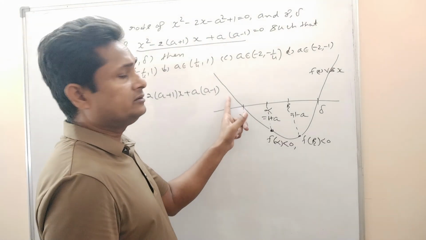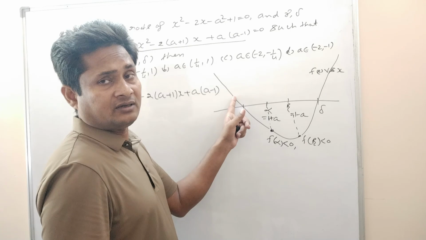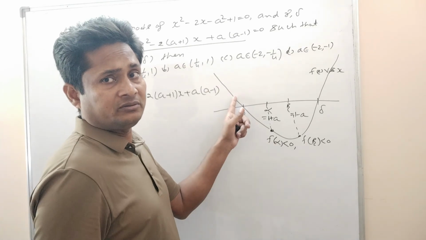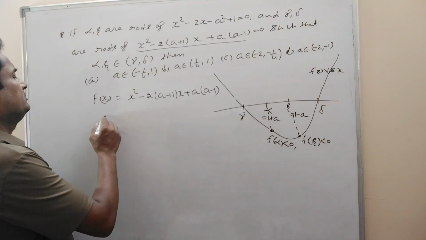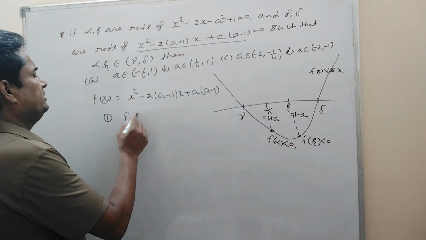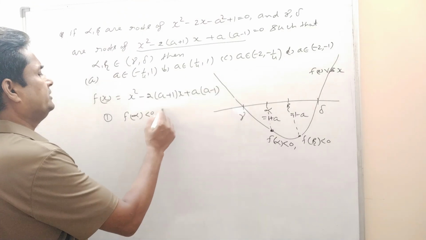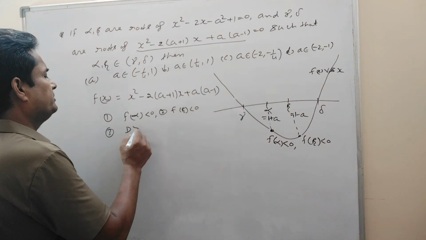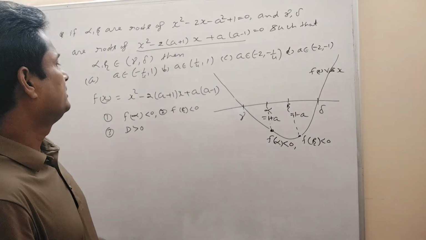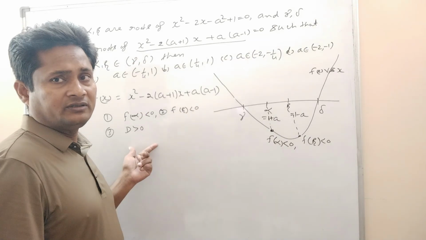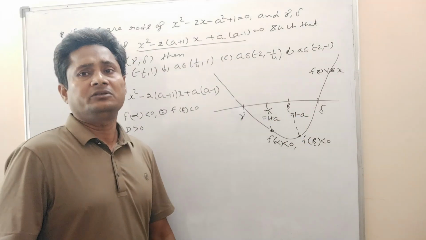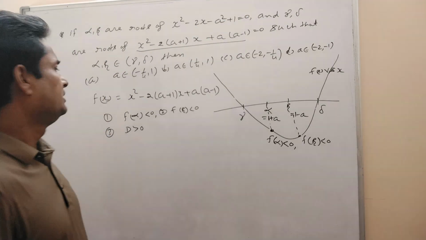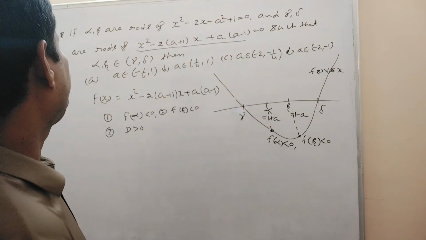Discriminant of this equation is positive, as it is having distinct roots. So we have conditions. First, f(alpha) will be negative. Second, f(beta) will be negative, and third, discriminant must be greater than 0, because it is having distinct roots. So these are the three conditions. We have to solve these three conditions.